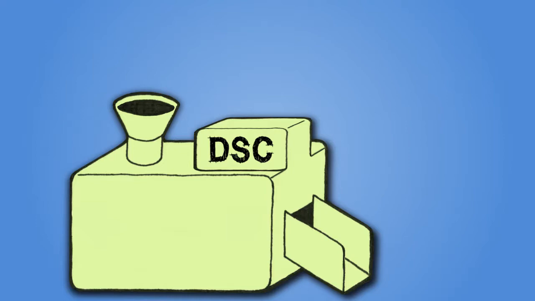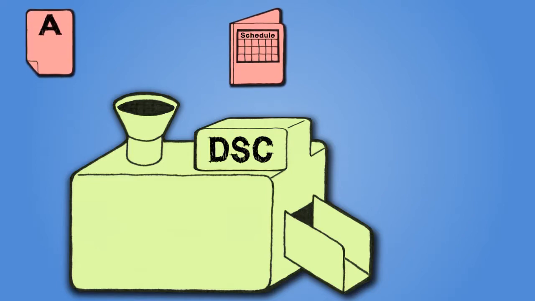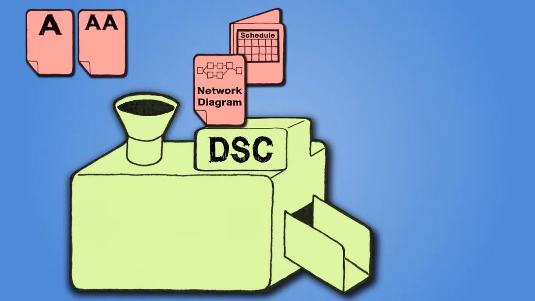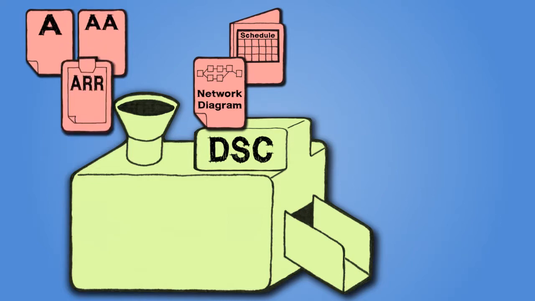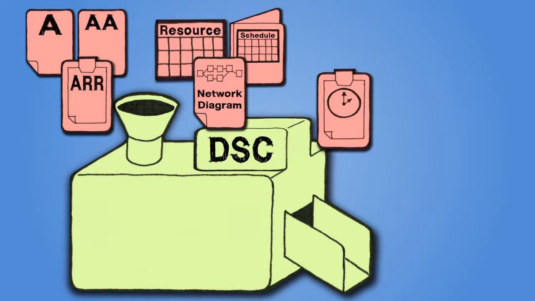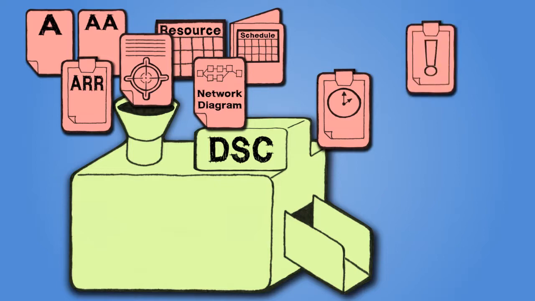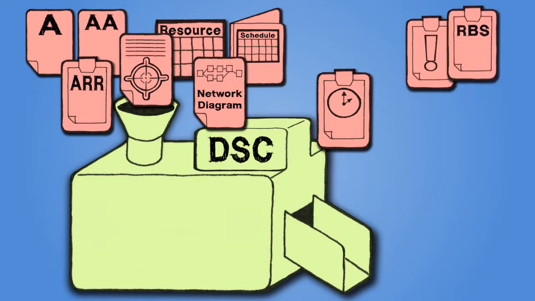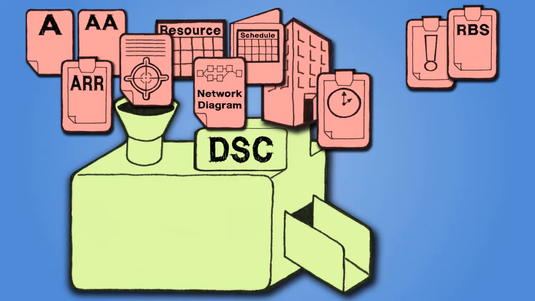These inputs are the schedule management plan, activity lists and attributes, project schedule network diagrams, activity resource requirements, resource calendars, activity duration estimates, the project scope statement, the risk register, the resource breakdown structure, enterprise environmental factors, and organizational process assets.